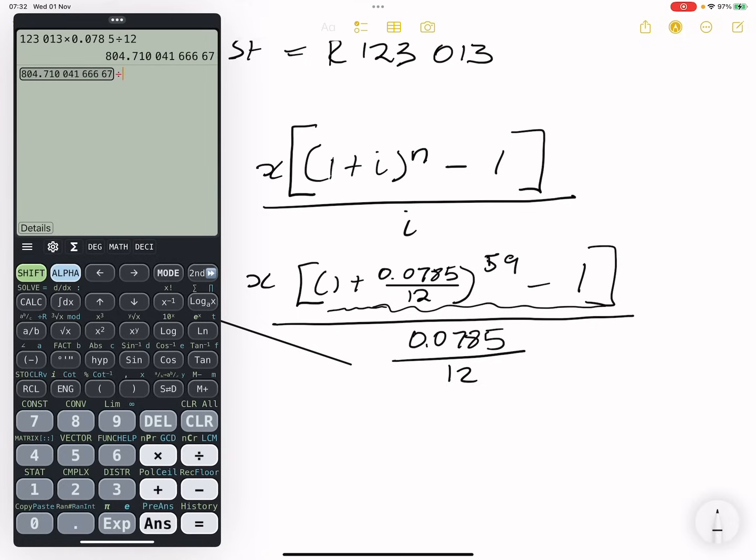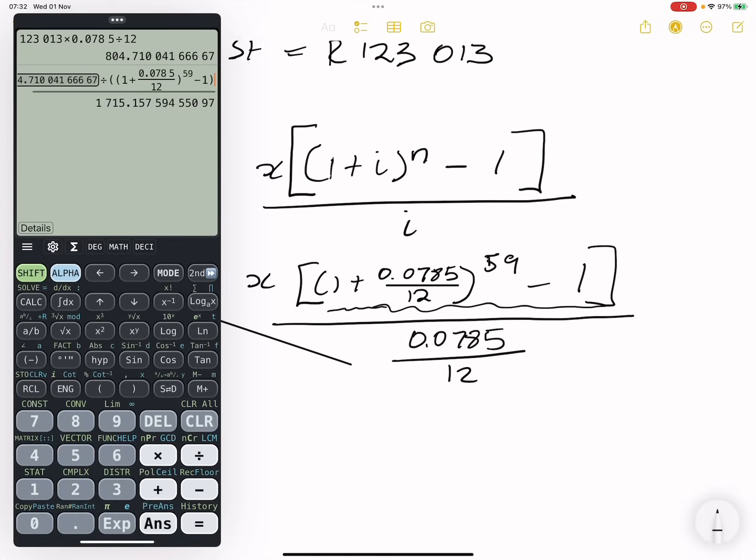And I'm going to divide that entire thing by 1 plus 0.0785 over 12. Please just be careful of the calculator work when it comes to this. Make sure that you are doing the right thing. That's exponent 59, and that's minus 1.